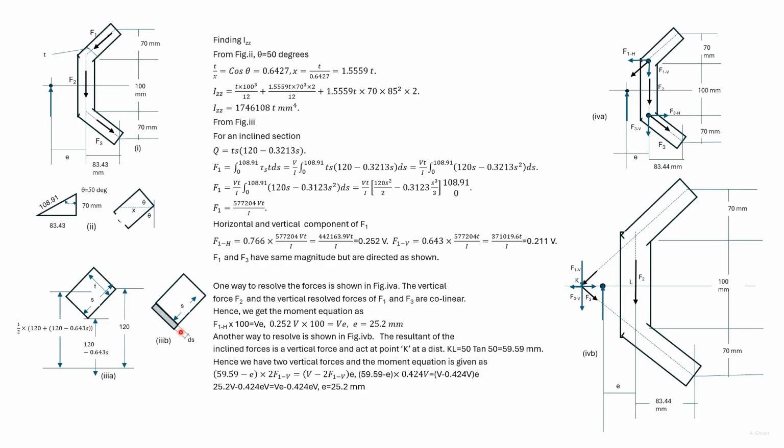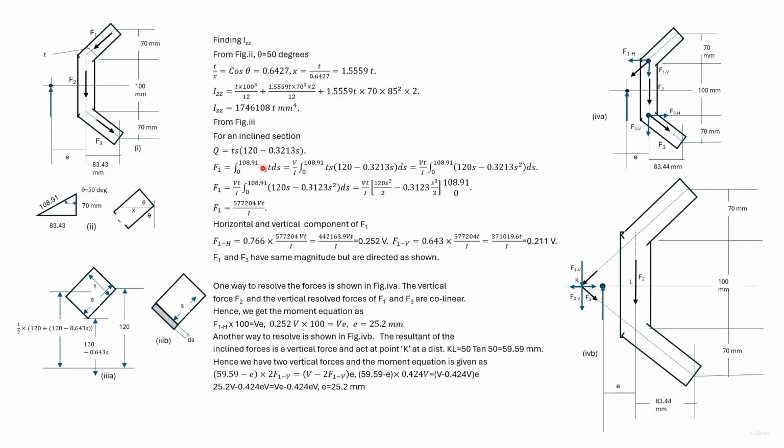The force acting on an element would be tau s into ds into t. So the force acting on this whole length, which is 108.91, is tau s t ds integrated from 0 to 108.91.